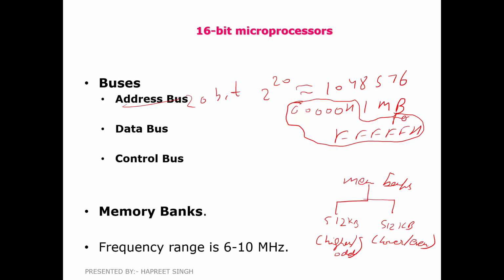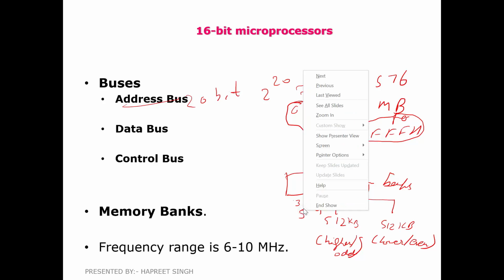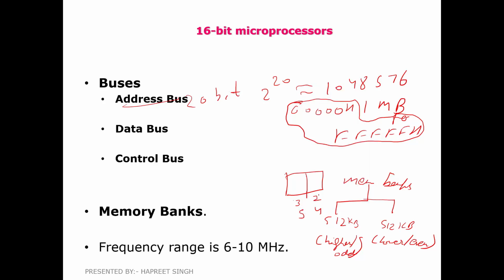The numbering of pages is like, if we consider this book, 2, 3, 4, 5. If each page starts from an even number, then it will transfer 16 bits in one cycle. The next feature is that the range of the 8086 microprocessor is 6 to 10 megahertz.